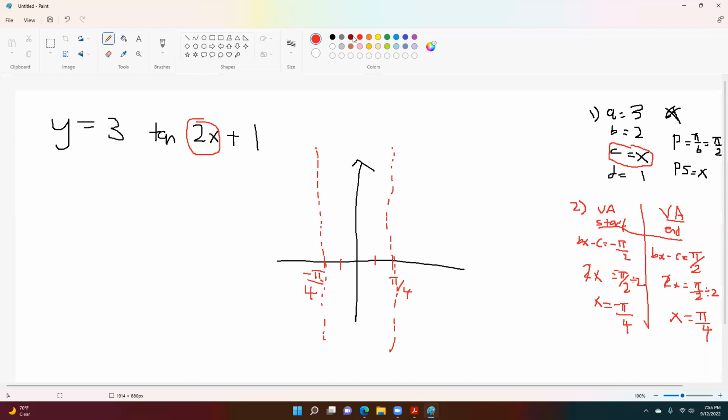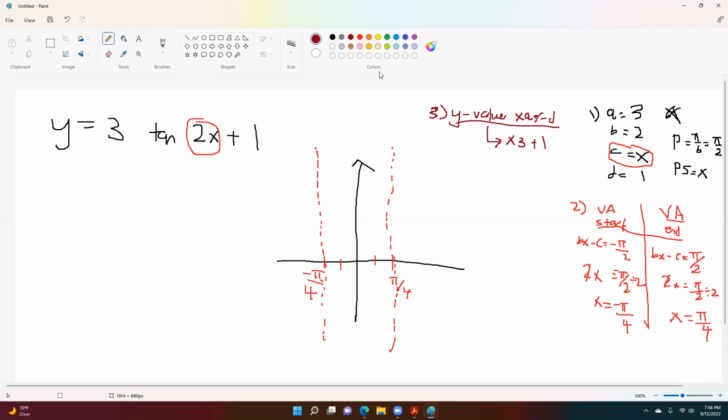Third step is to take your y value, multiply by a, plus minus d. So the y value that you have here needs to be multiplied by 3 because our a is 3, and we need to add 1.